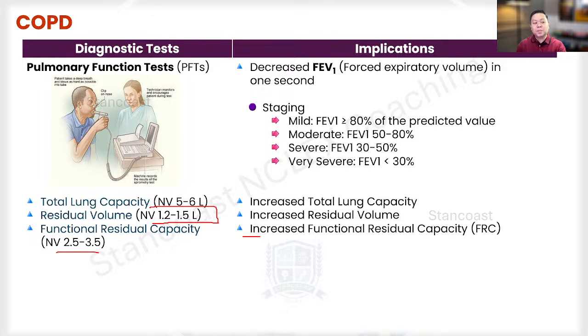The PFTs will involve the use of spirometry. This is the machine that's going to do that. It's not one of those portable incentive spirometers. No, we're not talking about that one.